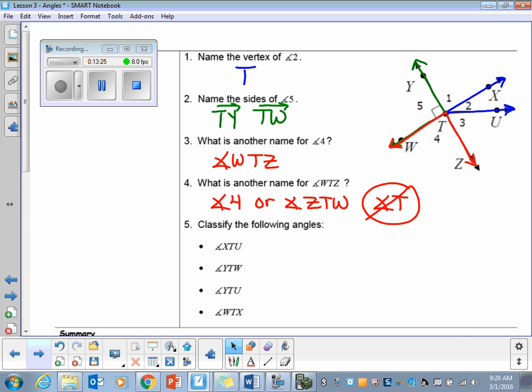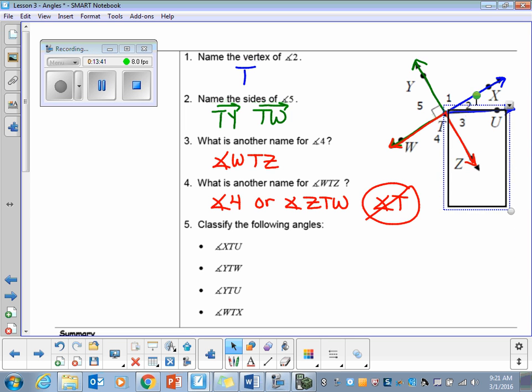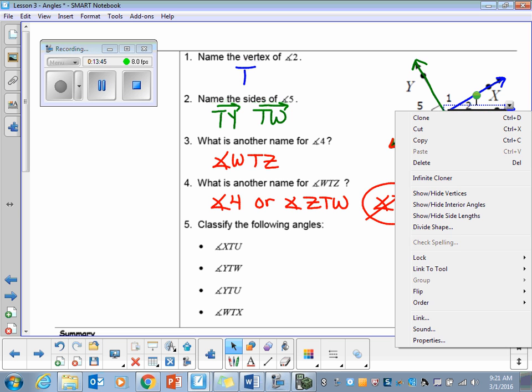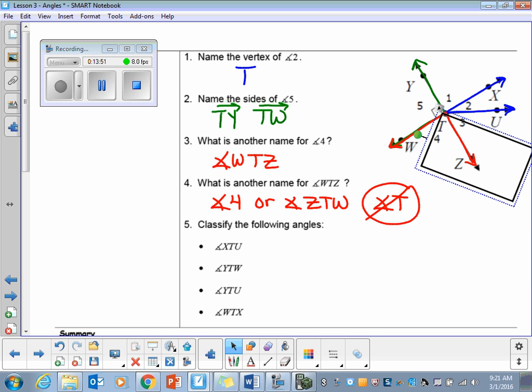All right, I'm going to get my little fake piece of paper here to use to help me classify these angles. XTU.